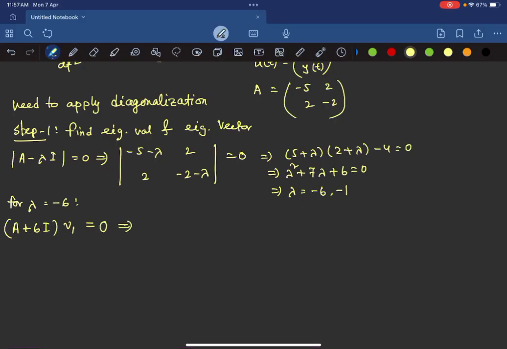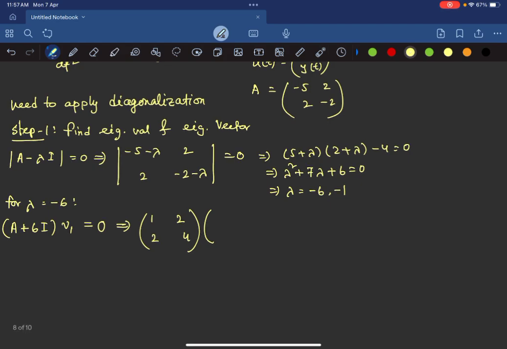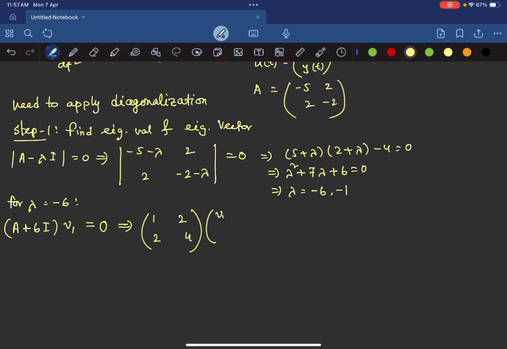If you solve this, you'll be getting minus 5 plus 6, so 1, here 2, 2, minus 2 plus 6, that is 4. Suppose v1 has components v1 bar and v1 double bar.